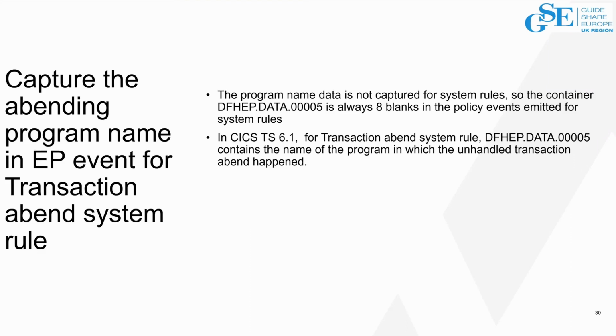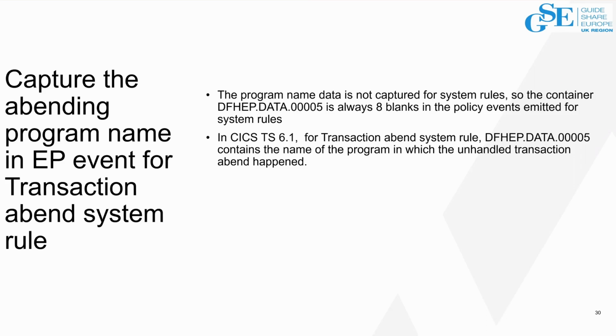Apologies, I thought I'd gone on to events. So this one is a last RFE that we had in the area of system rule, in that for the transaction abend system rule, we pass a set of metadata for each of those rules, but it didn't contain the name of the program for the unhandled transaction abend.